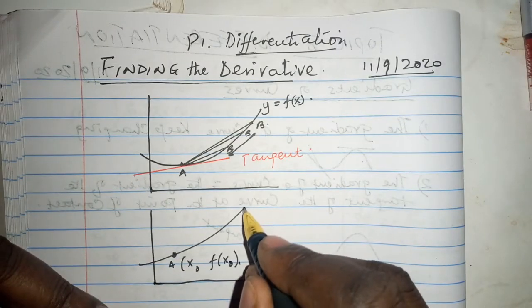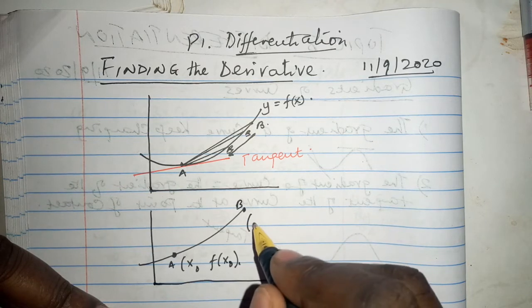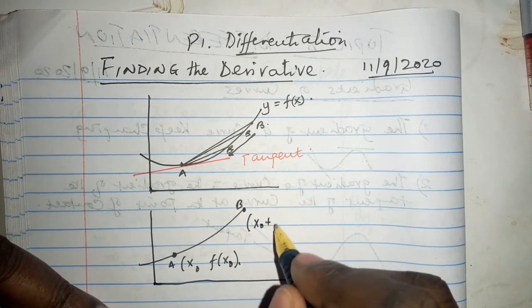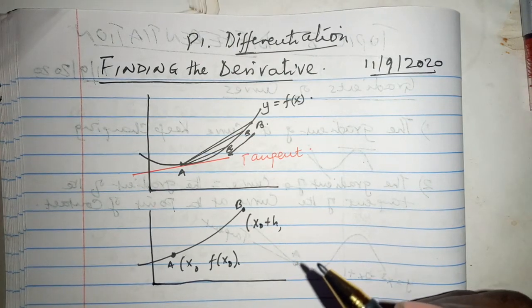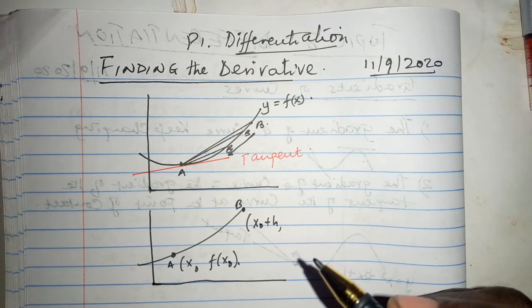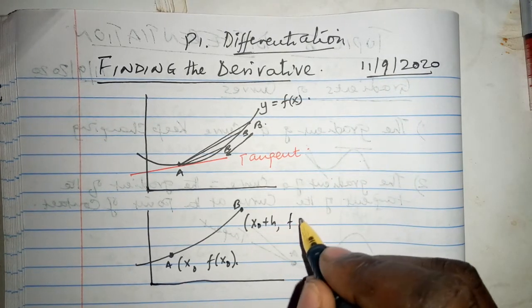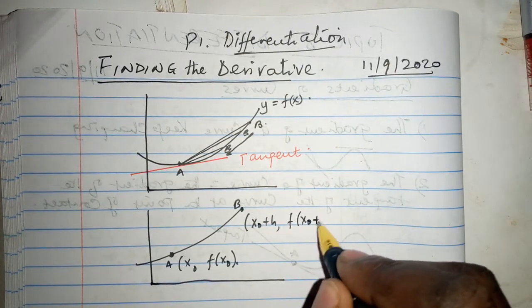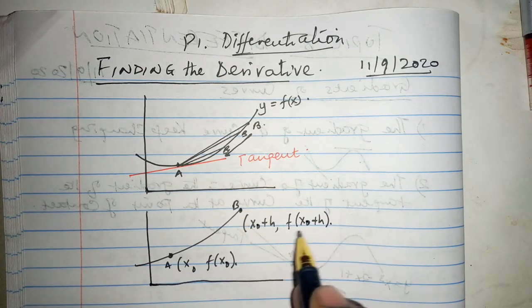At this particular point, the coordinates of point B: the x coordinate is x naught plus h, and of course the y coordinate happens to be f(x naught plus h), the value of the function at that point.